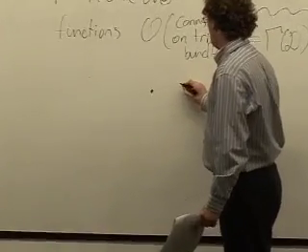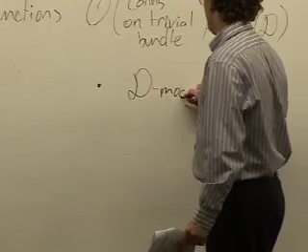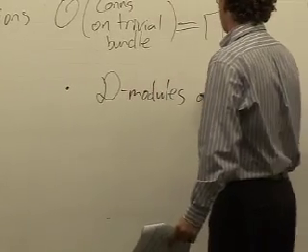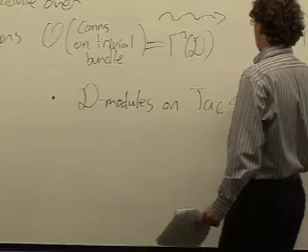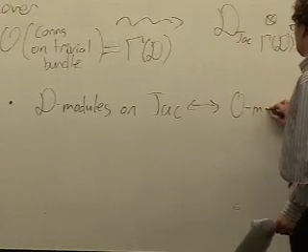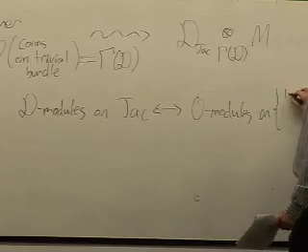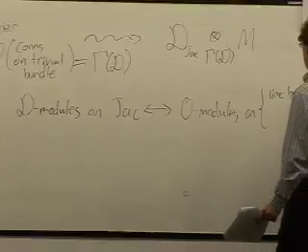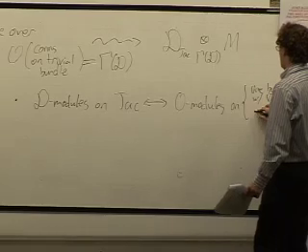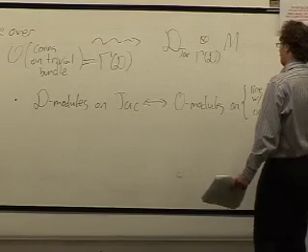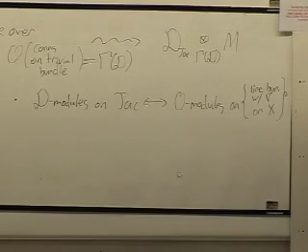One is that D-modules on the Jacobian correspond to O-modules on the space of line bundles with a flat connection on the Riemann surface. Does that mean derived categories? This means derived categories.